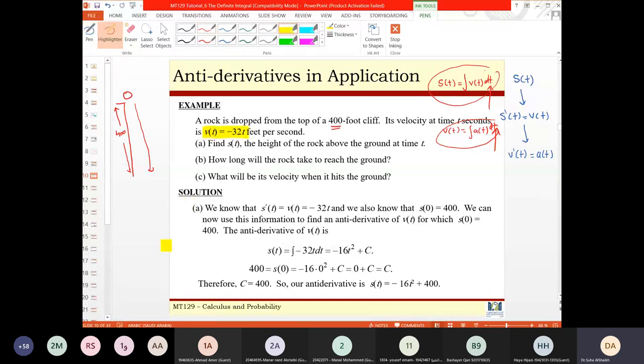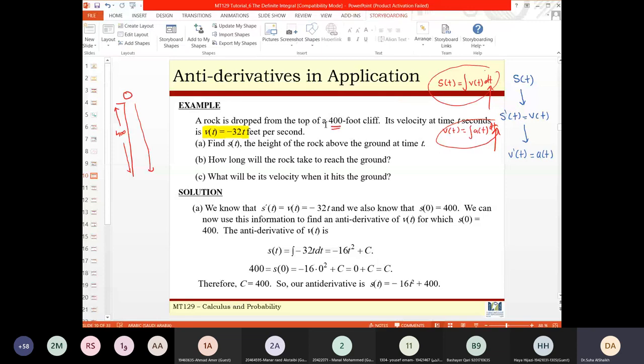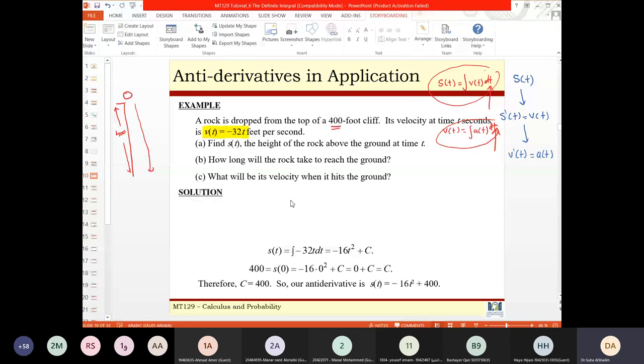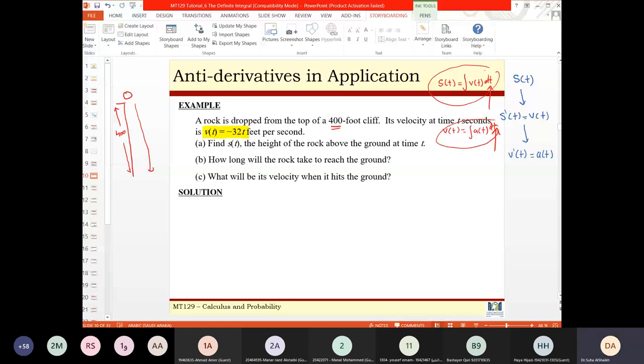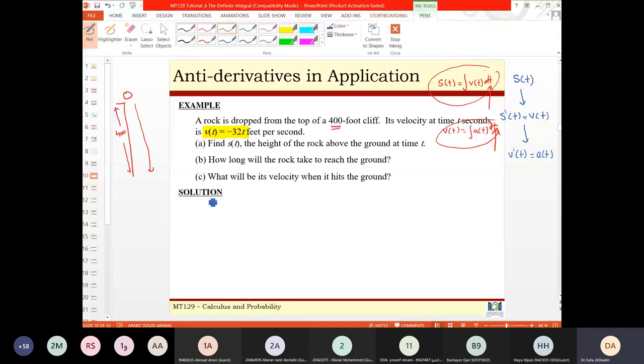So the question is, find, in part A, the s of t, the height of the rock above the ground at time t.